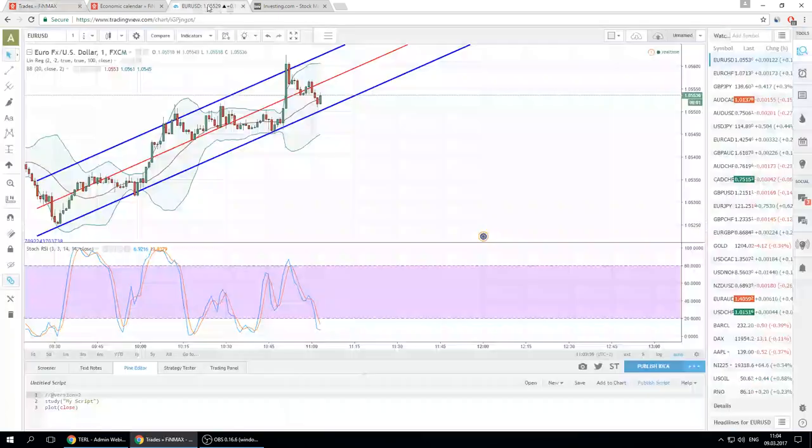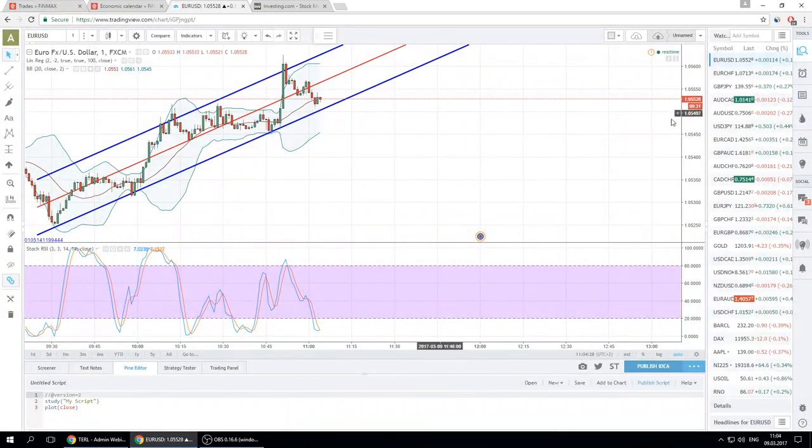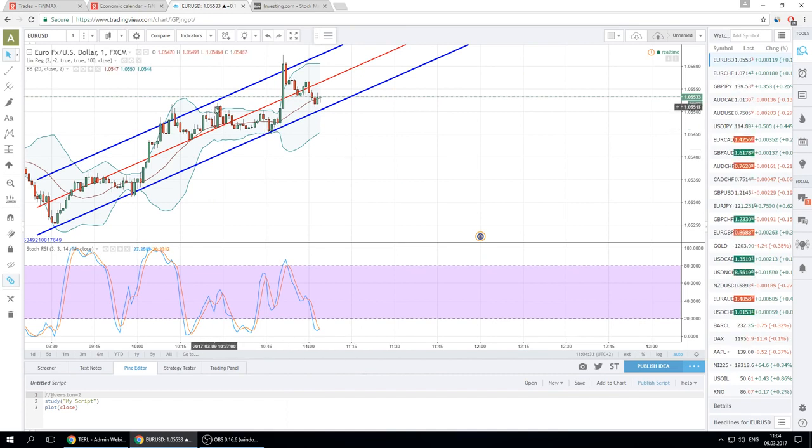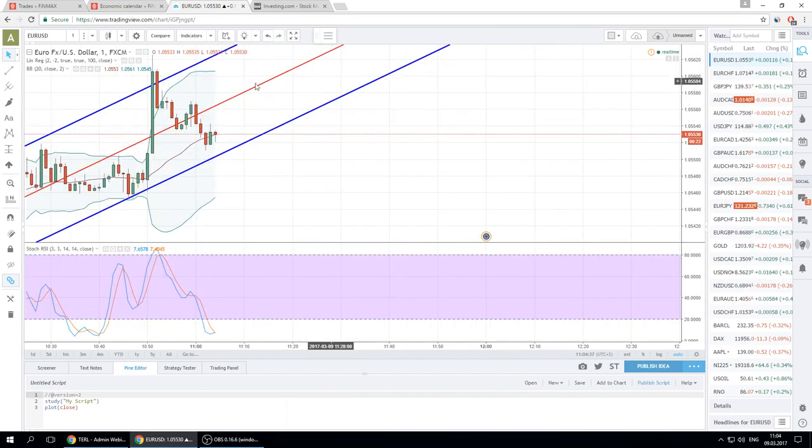So let's start with the Euro USD to see what's going on right now in the market, to see what trade we can open. Here you see the standard indicators that I'm using: linear regression, this one with the blue lines, Bollinger, and stochastic.